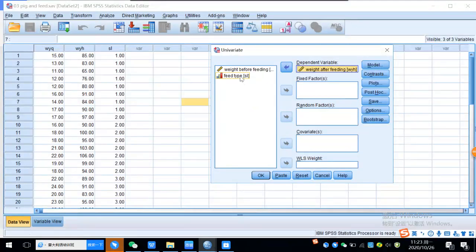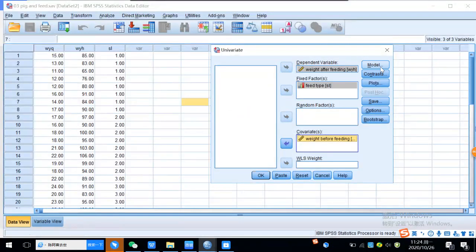Fixed factor is the feed type, because feed type is fixed, and weight before feeding is the covariate. So weight after feeding, dependent variable; feed type, fixed factor; weight before feeding, covariate.